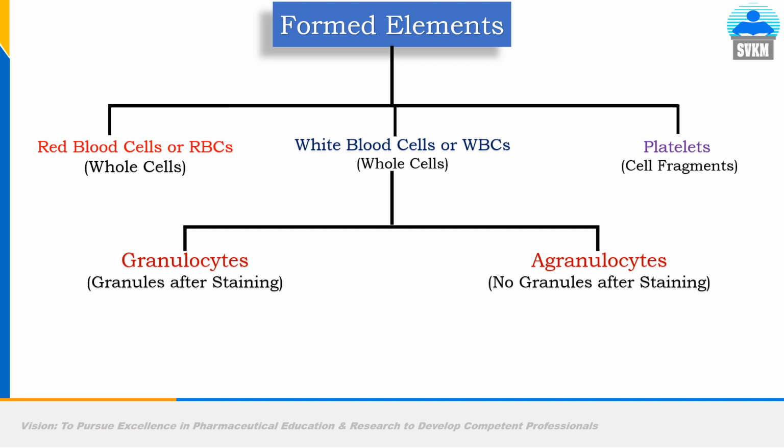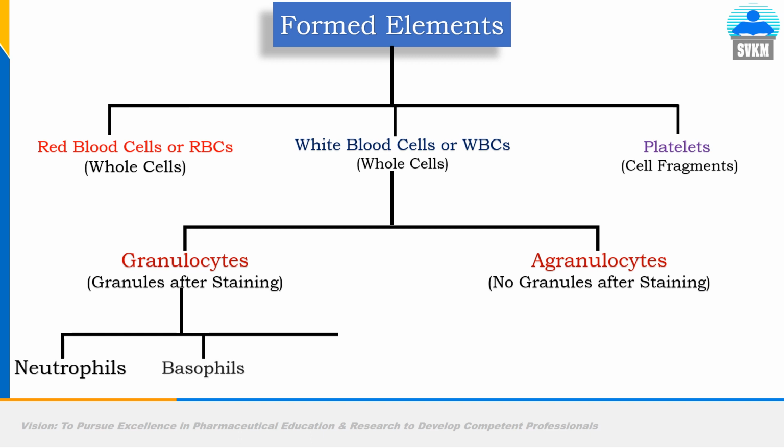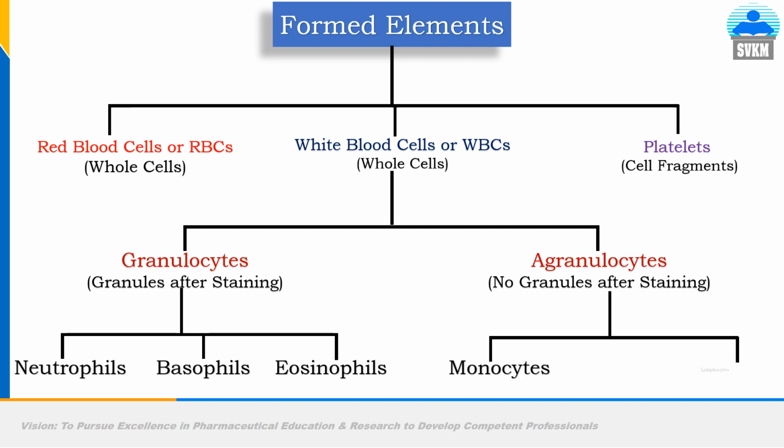After staining, if granules are present, that type of WBC is called a granulocyte. If granules are absent, that type of WBC is called an agranulocyte. Granulocytes are further divided into neutrophils, basophils and eosinophils, and agranulocytes are further divided into monocytes and lymphocytes. This is the classification of the formed elements.